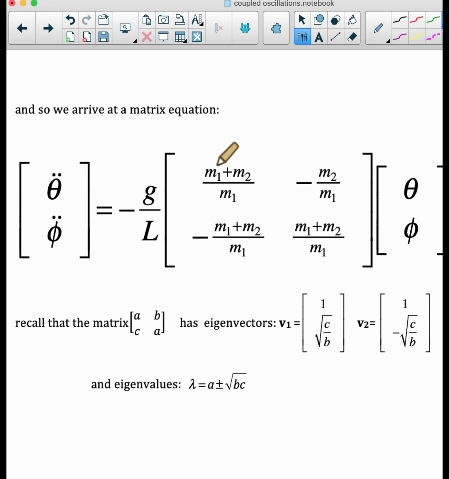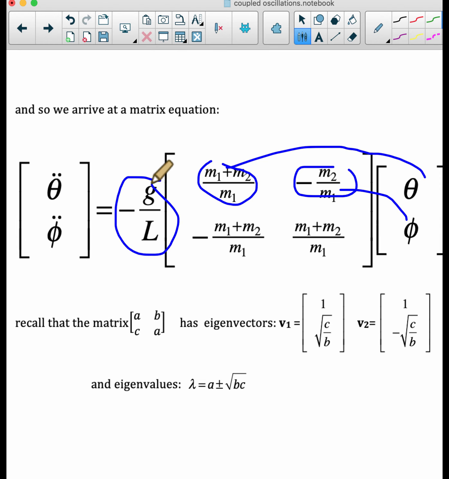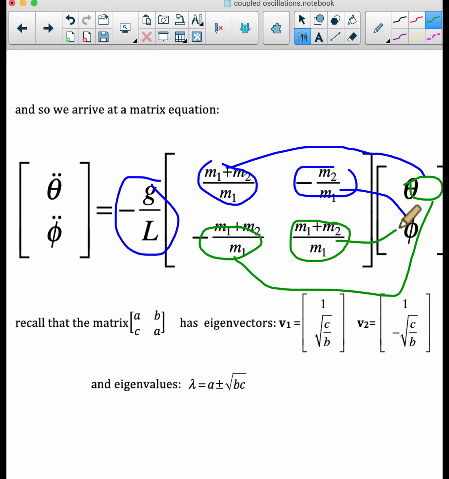So just matrix multiplication, it would be this term multiplied by theta minus this term multiplied by phi, and then all of it multiplied by g over L. And then the phi double dot term, you would take this times theta, this is just the rule for matrix multiplication, and this guy by the phi.